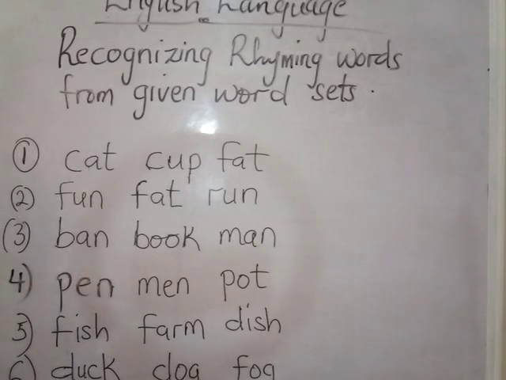Rhyming words, we said in our last lesson, are words that have similar sounds at the end. They sound alike at the end. So we used some poems to explore rhyming words, okay? But today we are going to be using different word sets, and we'll try to figure out which word in every set does not rhyme with the other words.